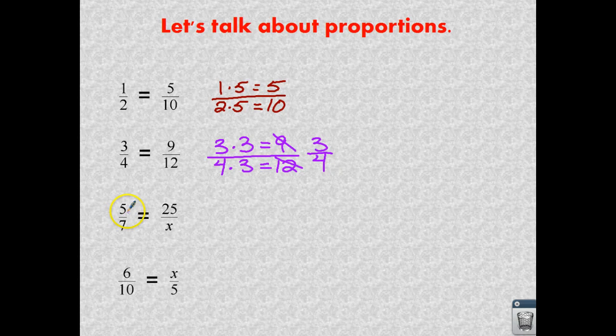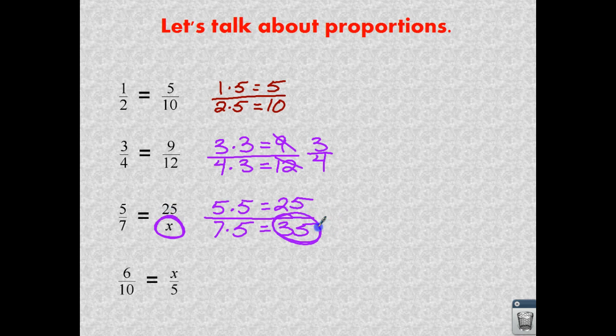You multiplied 5 by 5 to get 25, so if I multiplied by 5, that would get me my denominator. So 7 times 5 would get me 35. So your x here would equal 35, and now we have equivalent fractions, and since they're equivalent, they are also proportional to each other.